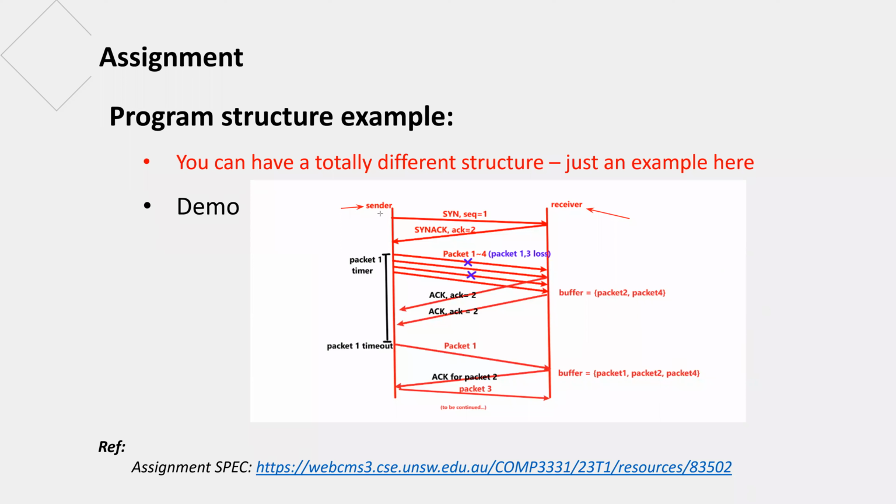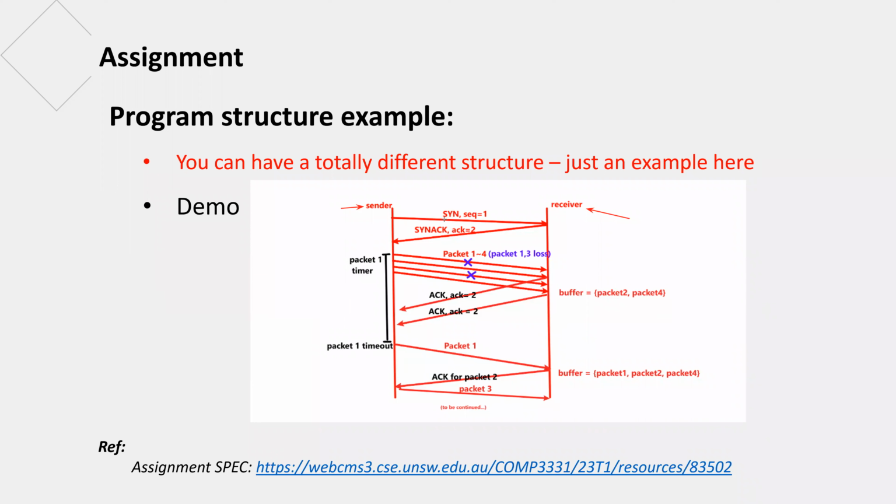At the final stage of your sender and receiver, you should be able to achieve this kind of communication in your program. For the sender side, you should be able to send a packet and get a reply, which is the ACK. And they are using the sequence number as their parameter, right?